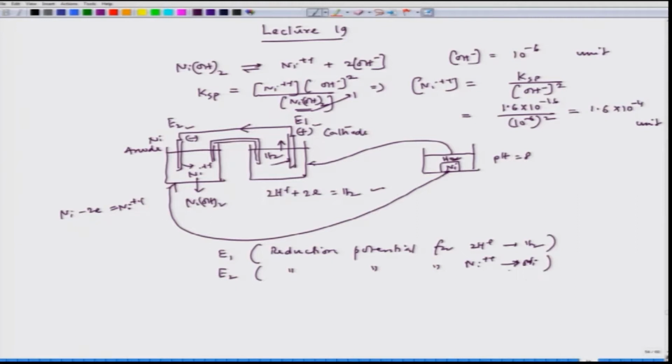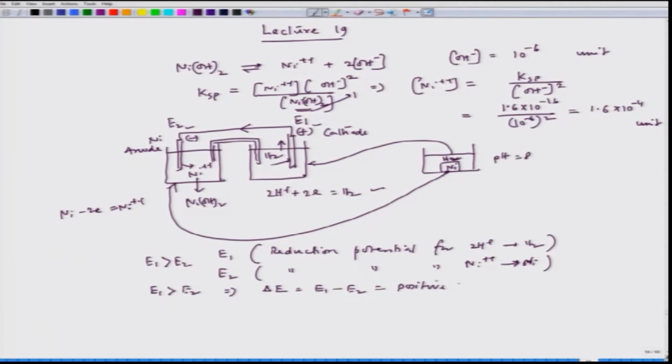And in order to have nickel going into Ni++, E1 should be greater than E2, so the cell potential, which is ΔE, nothing but E1 minus E2, should be positive.